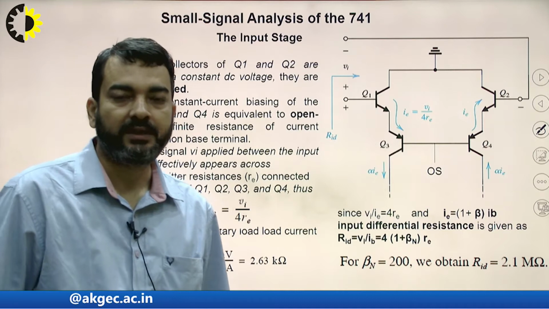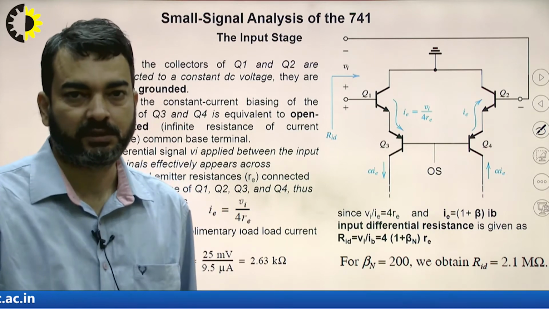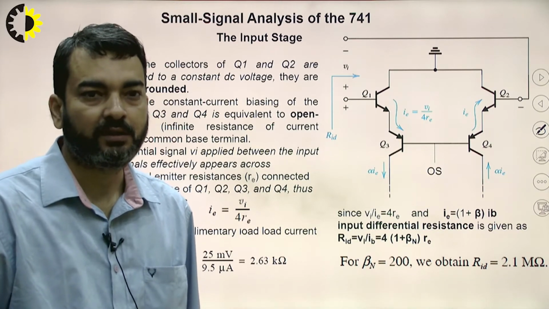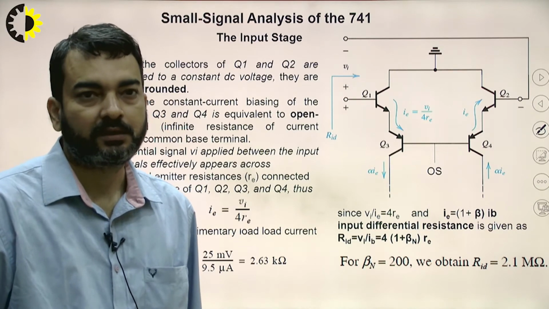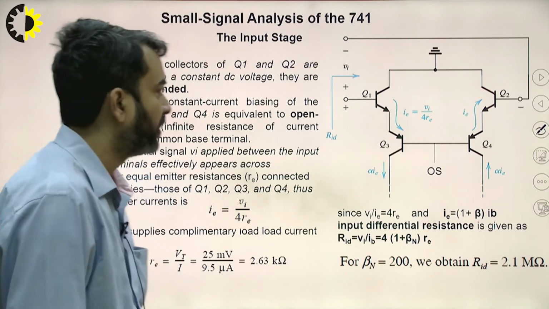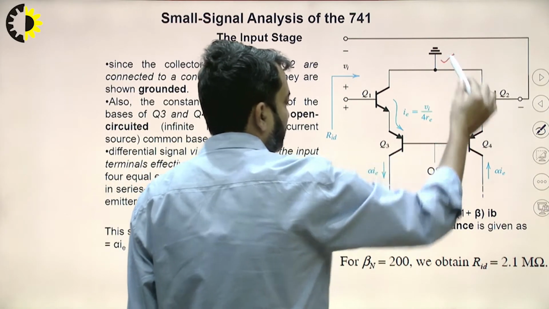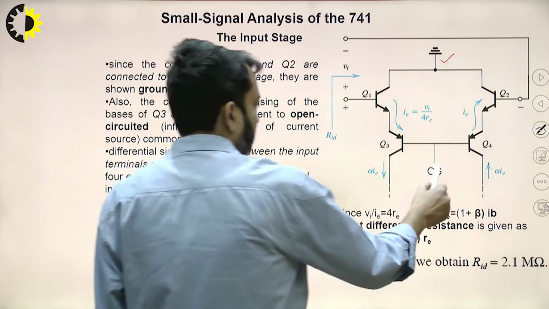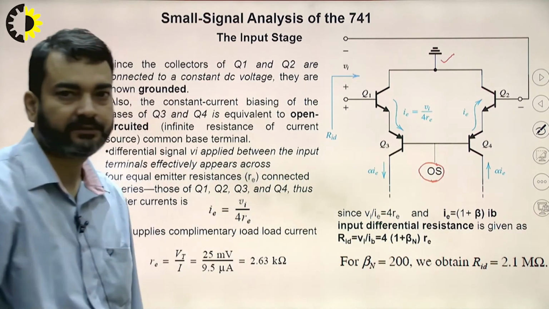In AC analysis, we replace all the DC supplies or sources by their equivalents. For example, a DC voltage source is short circuited and a DC current source is open circuited. So here we will have a ground position because of the current mirror, and here we have constant current biasing, so this is an open circuit condition.